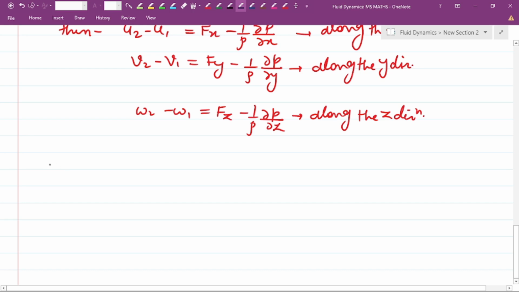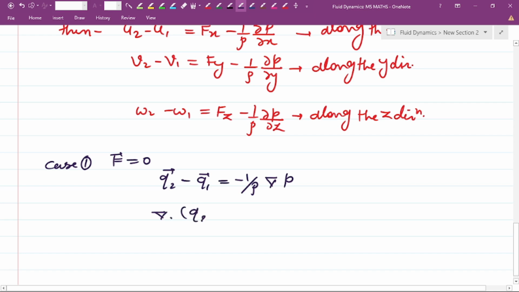And now we can generate the cases also when the impulsive force is 0. It means the external impulsive force is 0, so q2 minus q1 vector is minus 1 upon rho delta p. It means it is basically delta dot q2 vector minus delta dot q1 vector, taking the gradient both sides, minus 1 upon rho p.